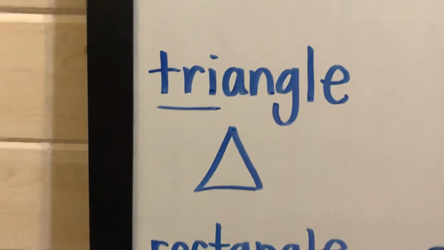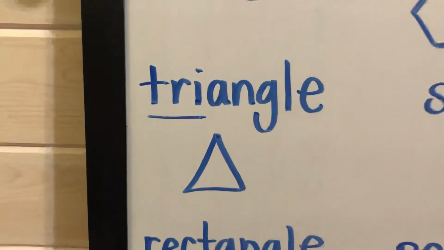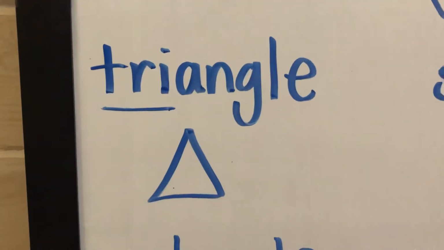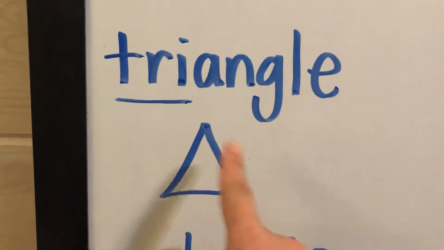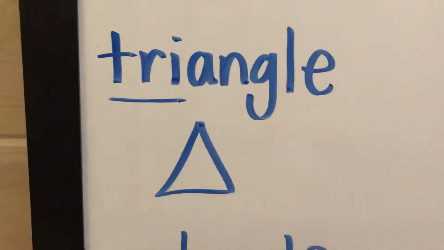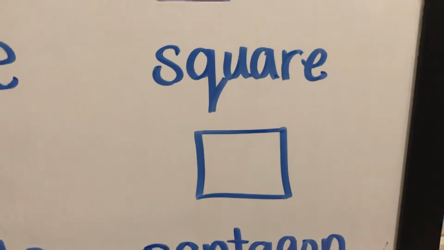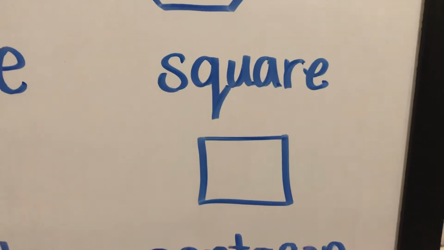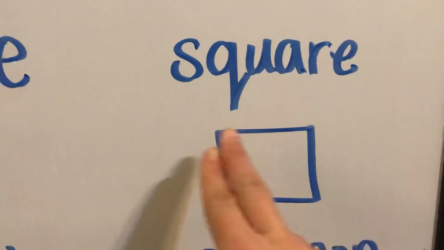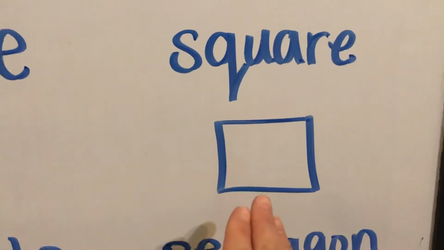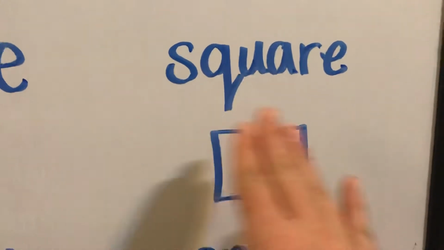Okay, we have the triangle, tri meaning 3, and you've learned this shape since, I'm hoping, preschool, where the triangle has the 3 sides and the 3 angles, the 3 corners. You have the square, and on a perfect square, all of the sides are equal. They're all equal in length. Mrs. V's square is maybe doubtful, but a square will be equal.